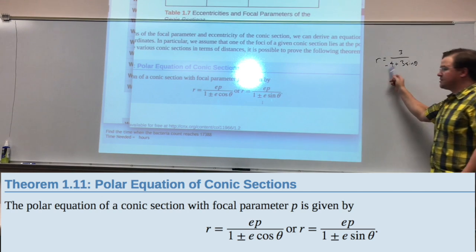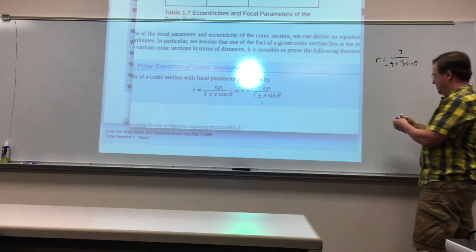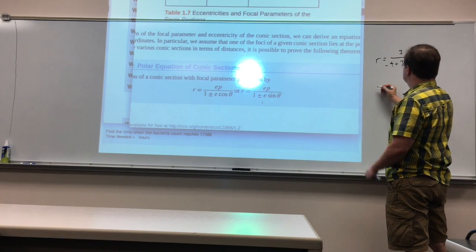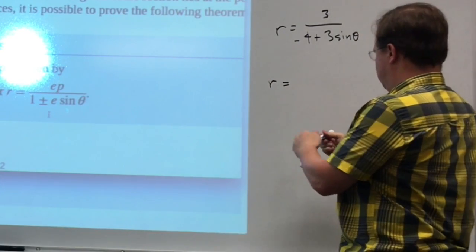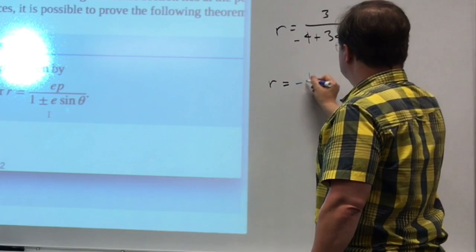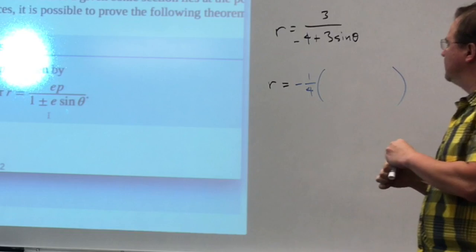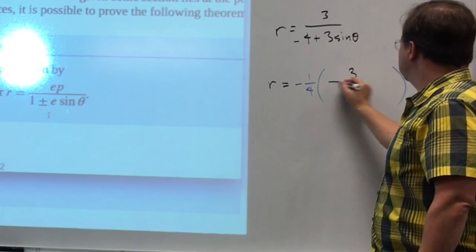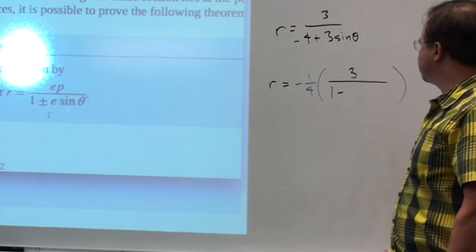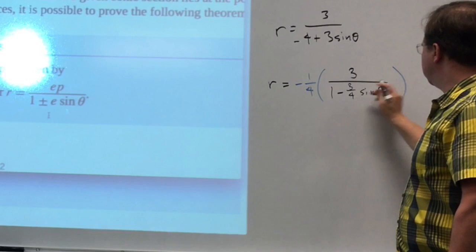I have to somehow make this -4 into a +1. So if you take out the negative, how about I do this? I'll factor out a -1/4. So that's going to end up being a 1 minus 3/4 sine theta.